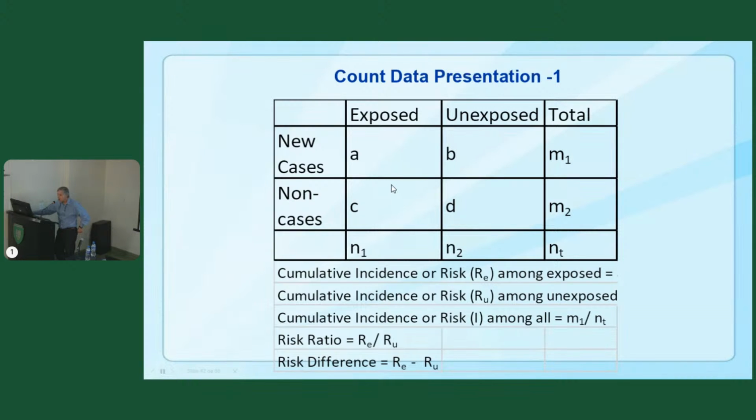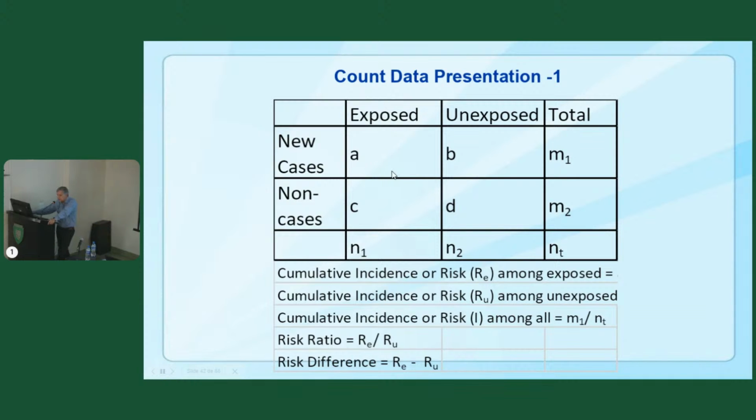So what's the odds that you're looking at here? In a case control, you're going to see later on, I have diseased people and I'm looking at the odds of exposure. Here I have a cohort. I have exposed people. I look at the odds of disease. So what's the odds of disease in the exposed group? Exposed group is A, C, and N1.